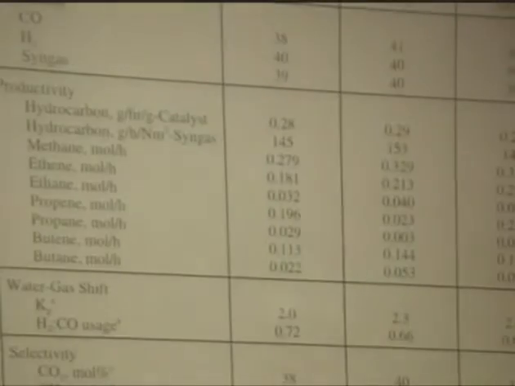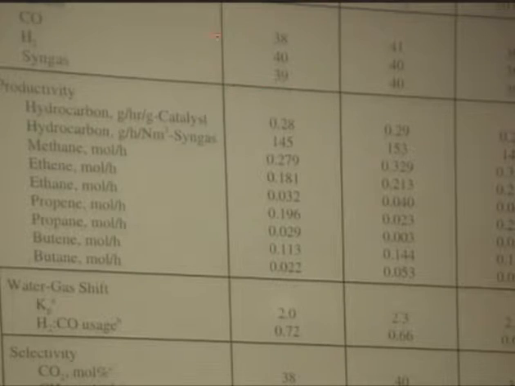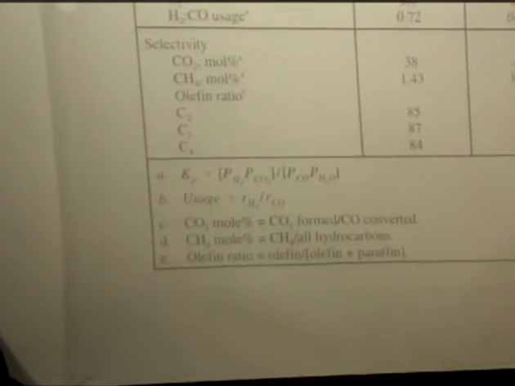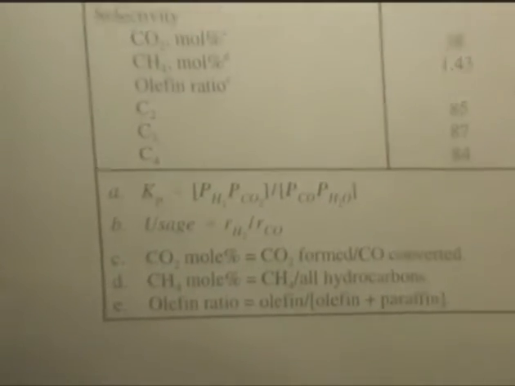This table shows you the effect of potassium contents on the selectivity here. Hydrogen carbon rate is not affected by the contents of potassium beyond 5%. This line shows you the potassium contents effect on the water gas shift reactions. As you can see here, I use Kp as a definition here.